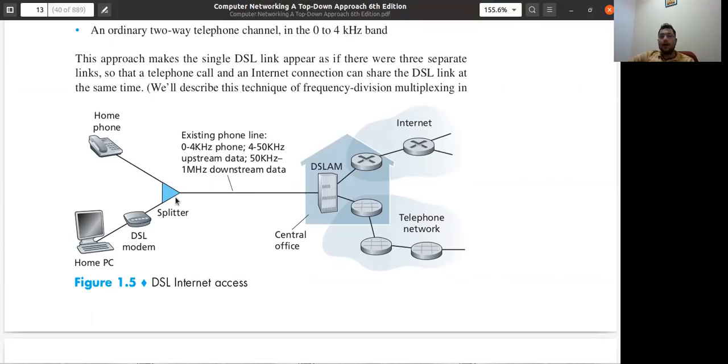And there you require a sort of splitter which splits the frequencies. So if there is a voice communication, the splitter has the task to differentiate what is the data and what is voice. It's a sort of differentiator or splitter of voice and data based on frequencies.